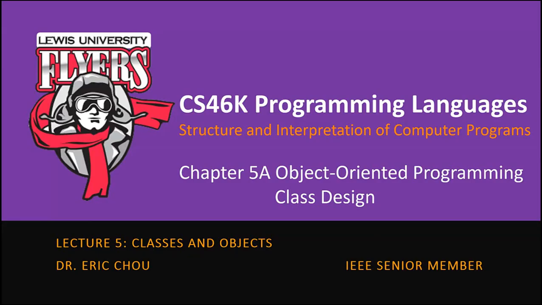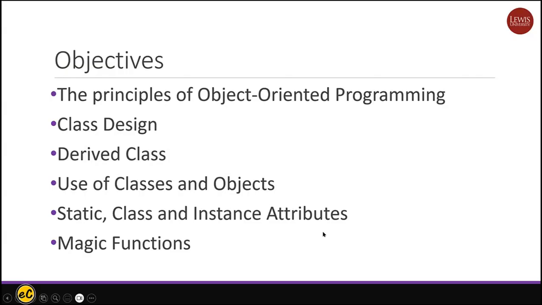Okay, thank you. So let's get started with lecture 5, classes and object. Last week we were on the imperative programming paradigm, and today we are on object-oriented programming and class design. We'll be talking about class design, derived class, and the use of class and object.